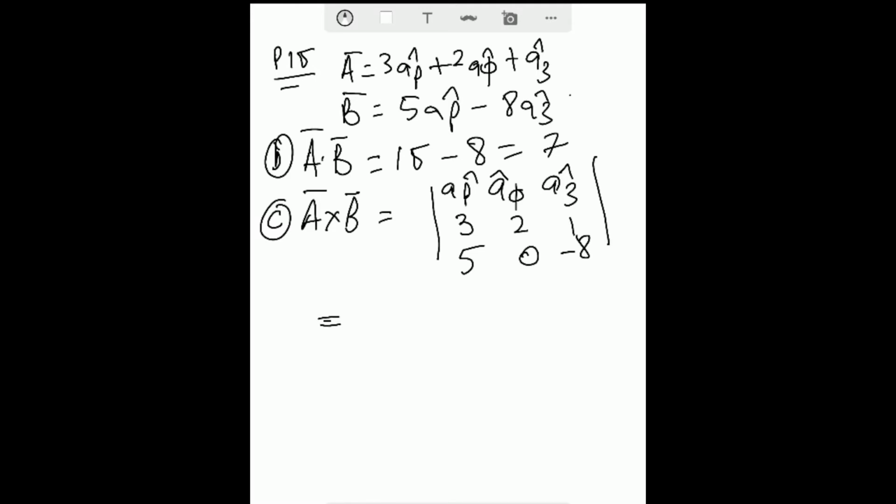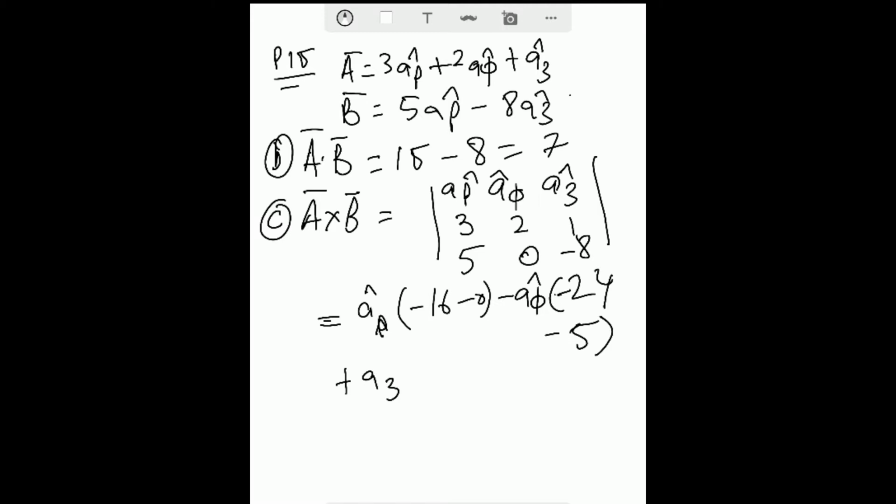So it will be a_rho, and I will cover this, and then it will be minus 16 minus 0, minus a_phi, covering this one, and then minus 24 minus 5, and plus a_z, that will be 0 minus 10.